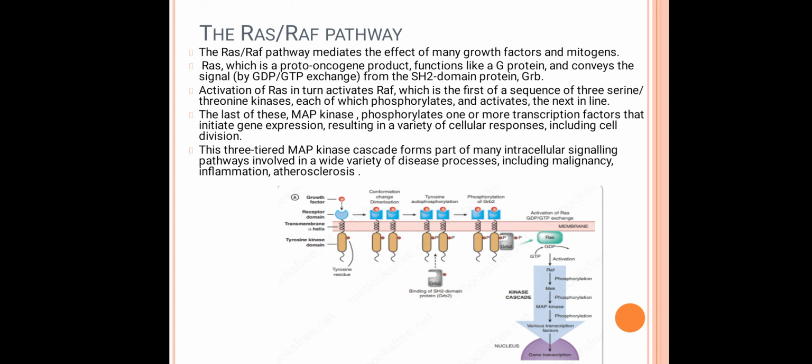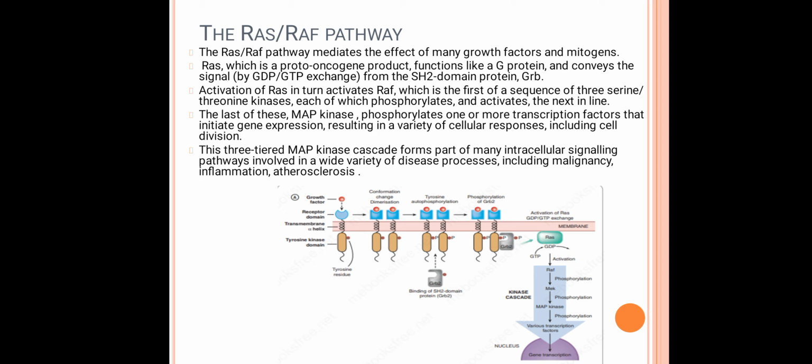So this is the proto-oncogenic product, and this will be activated like the G protein, that is by the exchange of GTP for GDP, RAS will be activated.